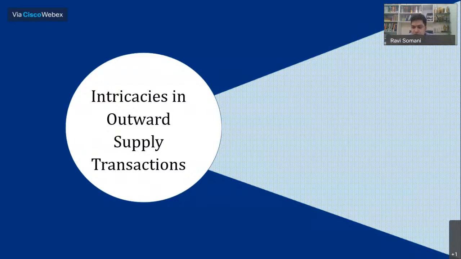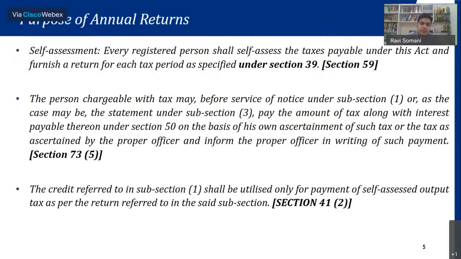I would prefer to discuss in this sequence rather than first discussing GSTR 9 and then 9C, because as I've told, the focus is not on forms, the focus is on the issues. So the sequence of today's discussion would be, first I would take up the issues on outward supplies, then the issues on ITC, then the issues on inward reverse charge transactions, and then other procedural issues, and Part B, certification and the reporting aspects. So this is how we will go forward as far as the sequence is concerned.